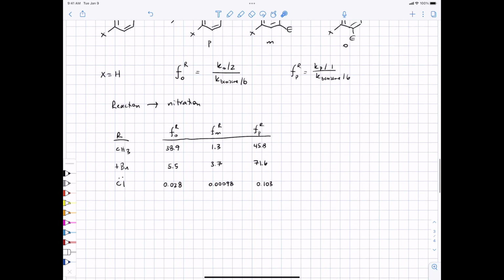Right, yes, exactly. I'll just write that there. The rate of meta formation, because there are 2 meta positions, divided by the rate for just unsubstituted benzene over 6. So these data have already normalized the rates for statistics, since there are twice as many chances to do meta as there are to do para.